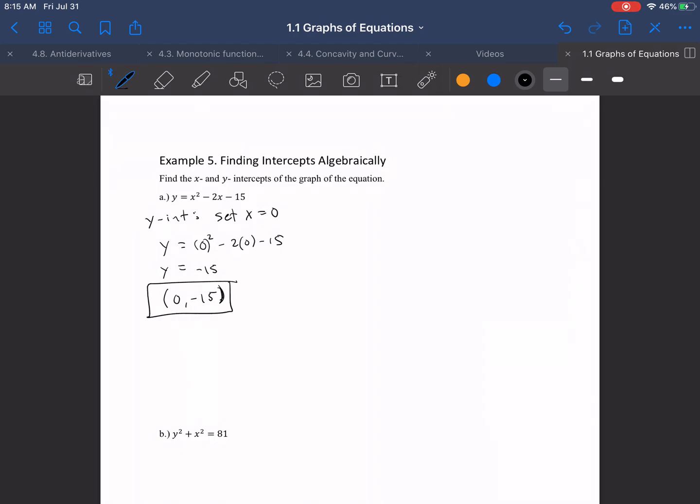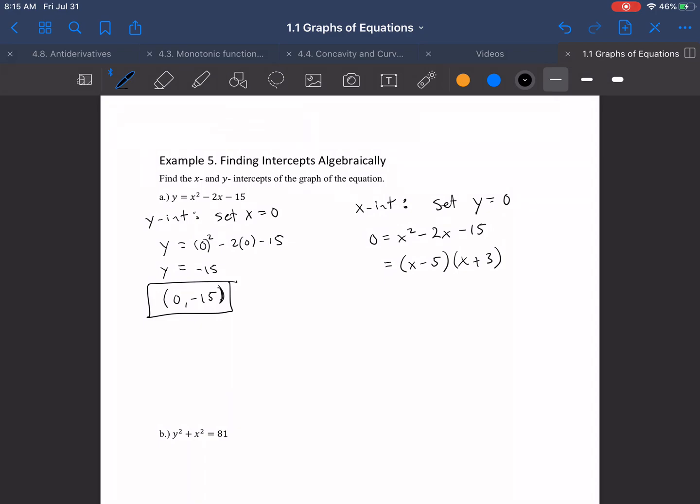For x-intercepts, it can be a little bit trickier. Since we're dealing with functions here, we're going to set y equal to 0. So here you do y equals x squared minus 2x minus 15, and now solve it for x. This can be factored. We can make this (x - 5)(x + 3), because -5 plus 3 is -2, and 3 times -5 is -15.